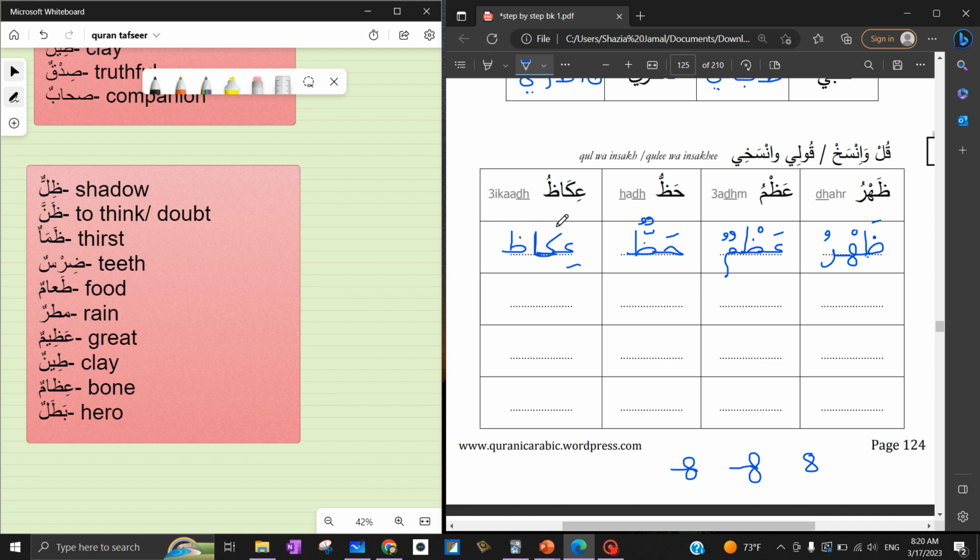So ikadun. Ikaz means market. I'll write it again for wahrun. Wa. Continue with the Za. This is how you write wahrun.